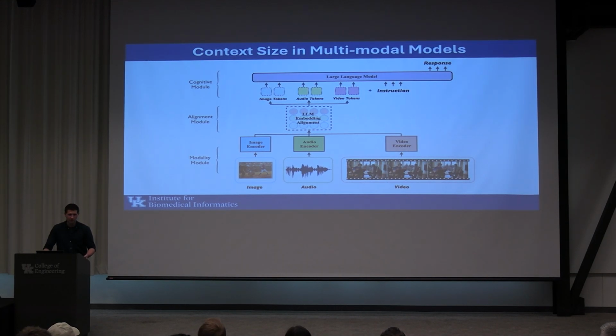Well, the way that works is essentially the same way that text works. If you did it with just text, you would throw in your text tokens in the format as they arrive, and then you would get your response tokens as they come out of the model. But if you have input image tokens, you would just prepend the encoded tokens of that image to the text as context.